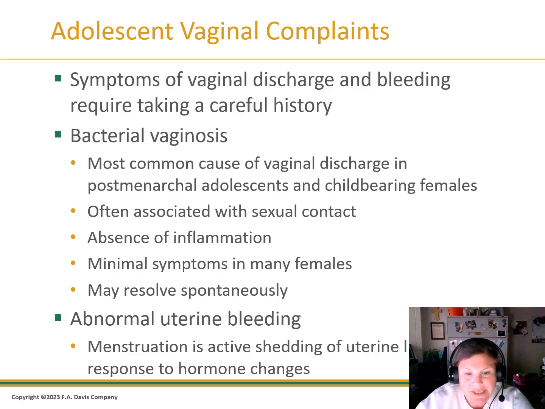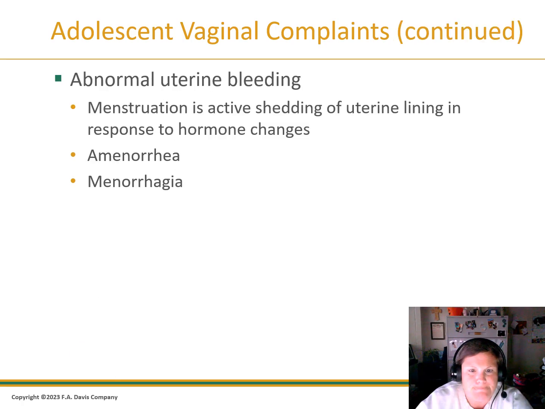Abnormal uterine bleeding would be another adolescent vaginal complaint, and that typically has something to do with hormone changes. It can also have to do with other potential underlying factors that the patient may be experiencing. Menstruation, when active, is actually the shedding of the uterine lining.